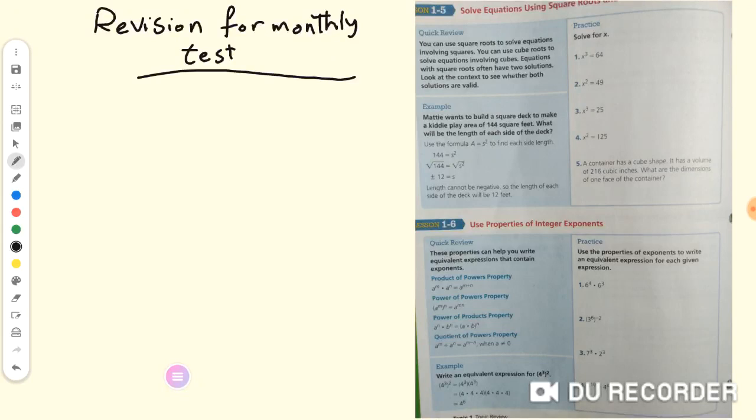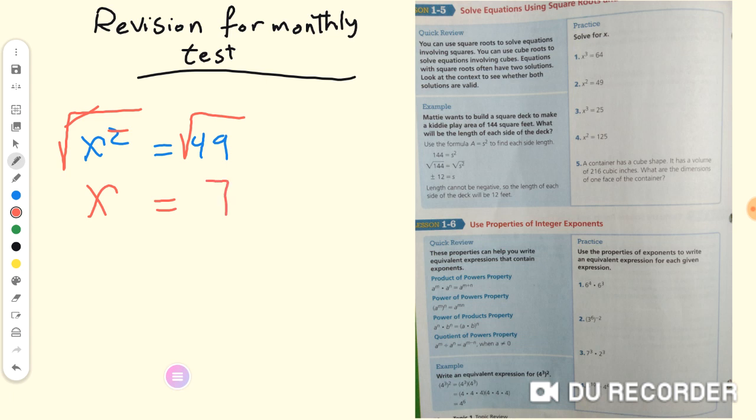Now, last thing we take: if I have x to the power 2 equal 49, okay, to find the value of x, I should take the square root of both sides, okay? The square root of the power 2 gives us x equal square root of 49. Actually, 49 is a perfect square, so it's 7.